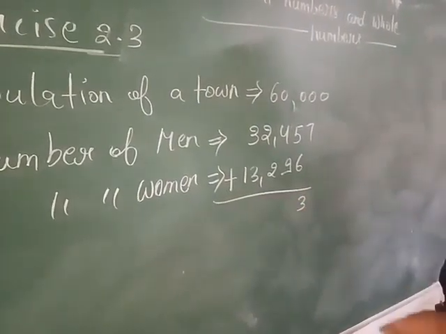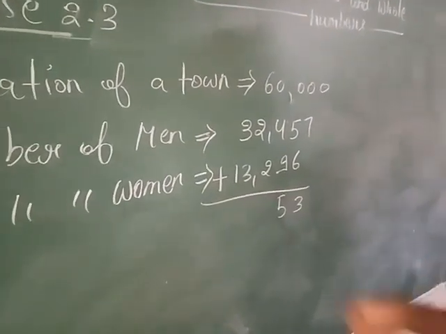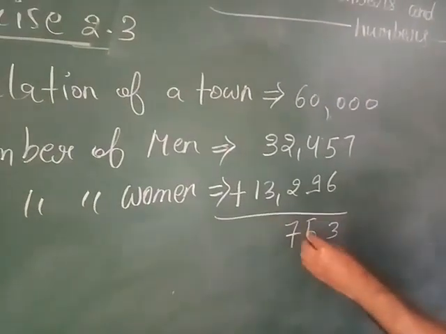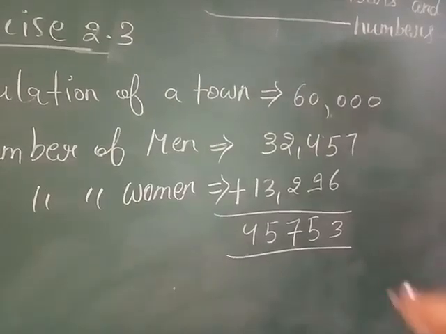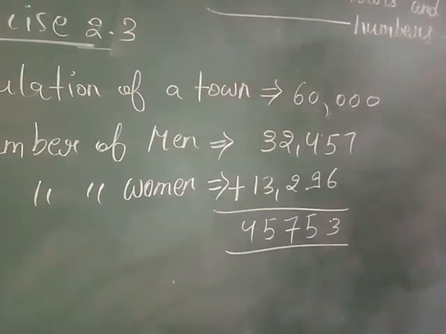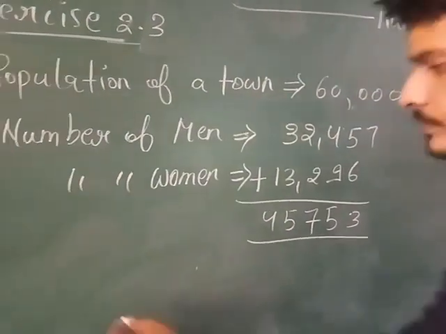13,296 plus 32,457 is 45,753. This is the population of men and women, and we will subtract this from the total population.